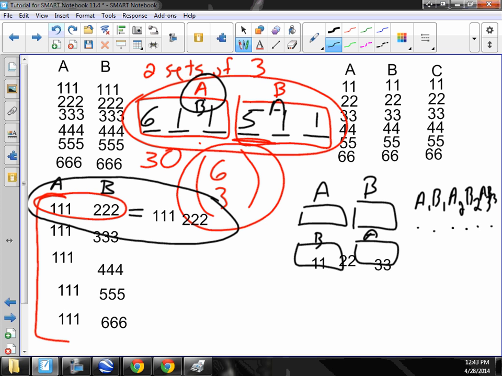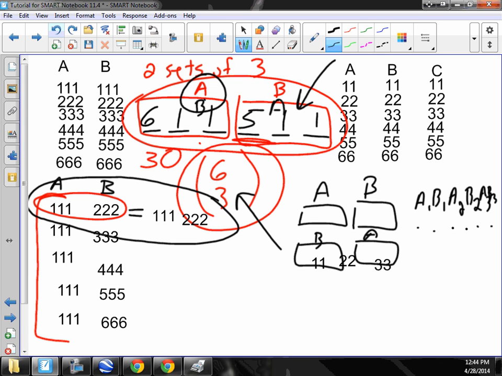So in this case, the order of A and B does not matter. Now this is really tricky because that is a permutation, right? Because order matters when you're rolling dice. This is a combination because the numbers inside A, the order does not matter, right? It doesn't matter if I do A1, then B, A2, then A3, because A1, A2, and A3 are all the same digit, right?